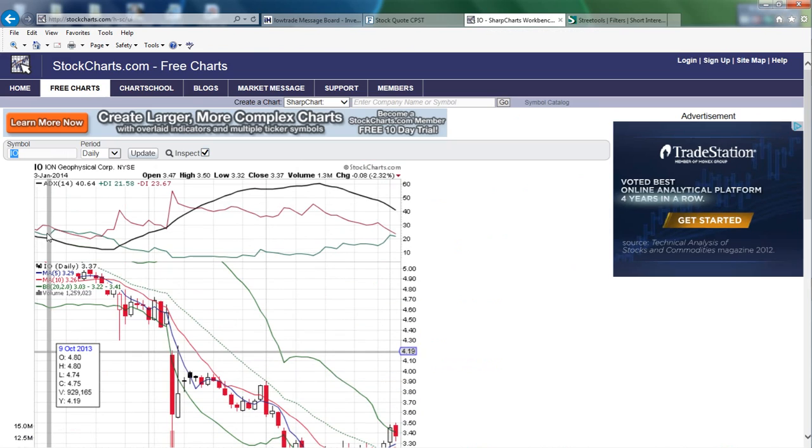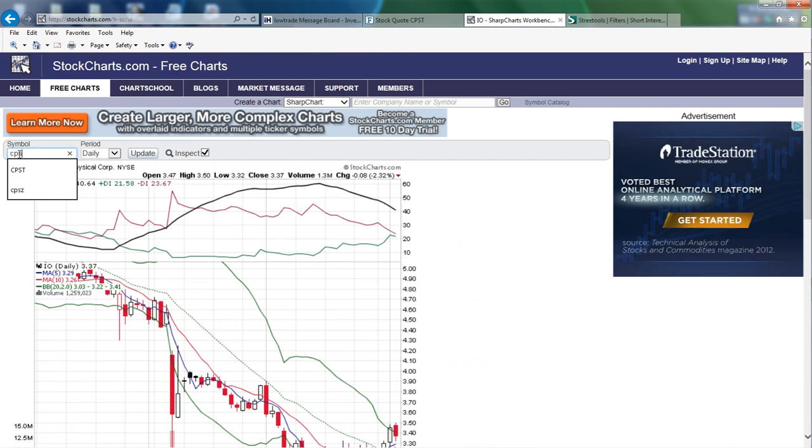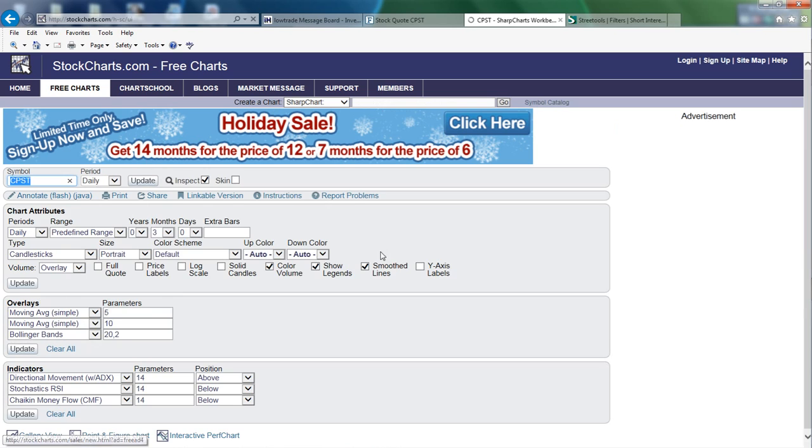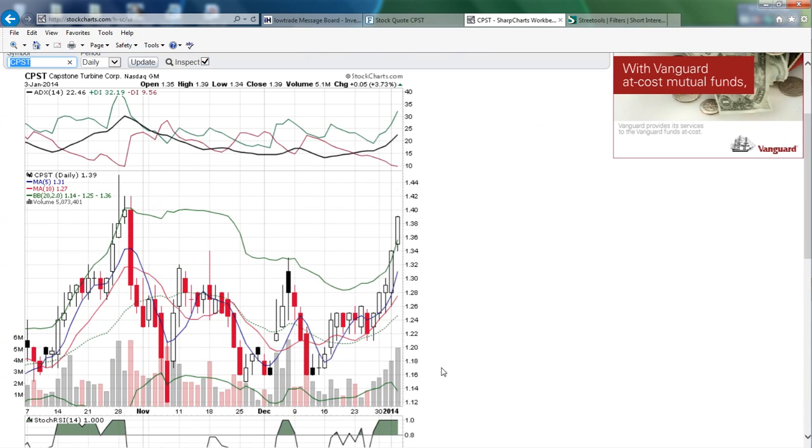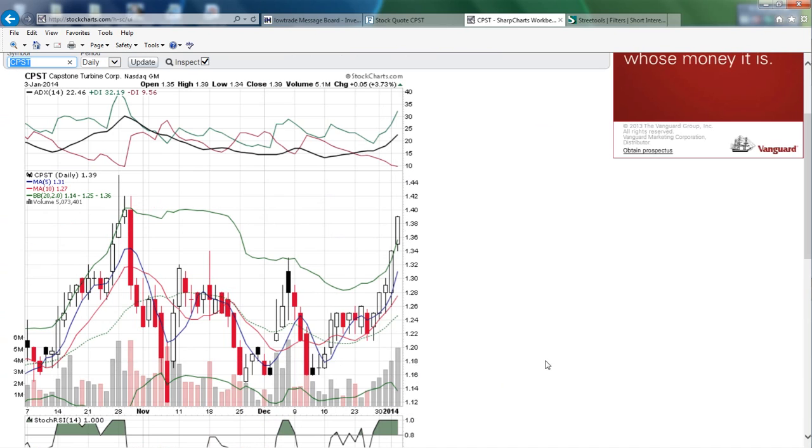CPST. Let's look at a 3-month and just count how many days this thing's been running. Anyone that's been following me knows that an average move will last 3 to 5 days.